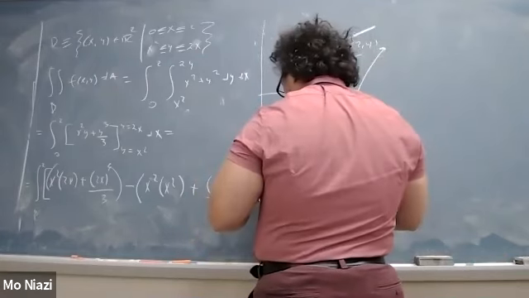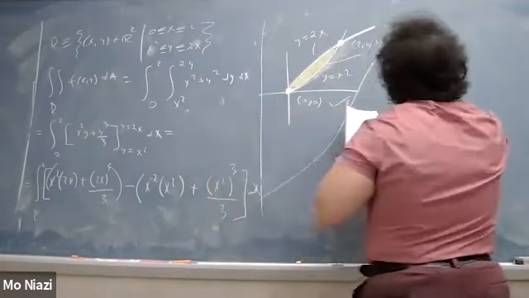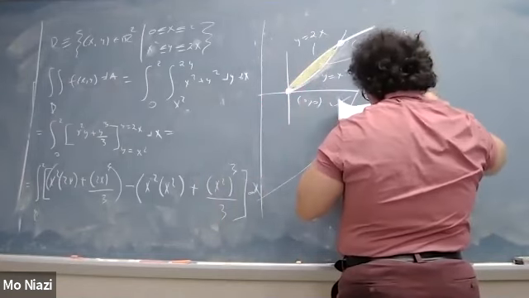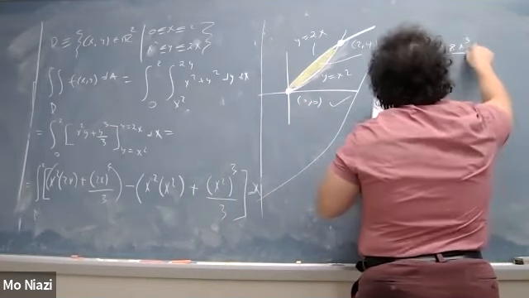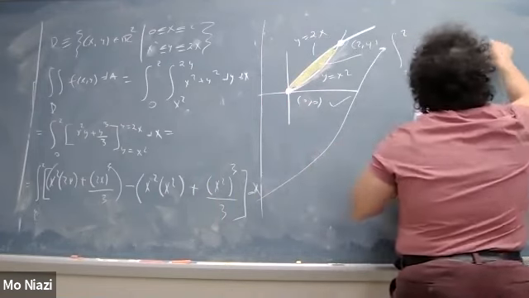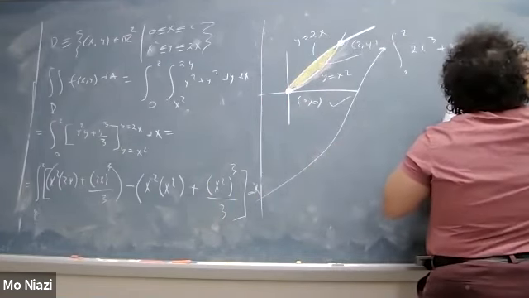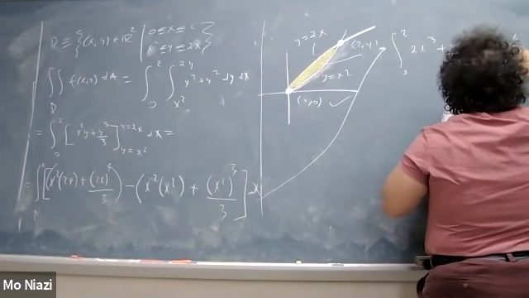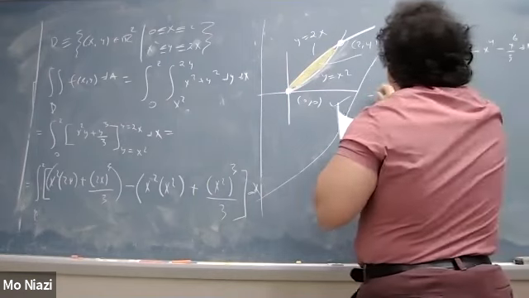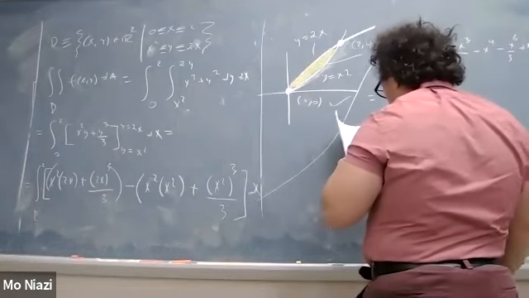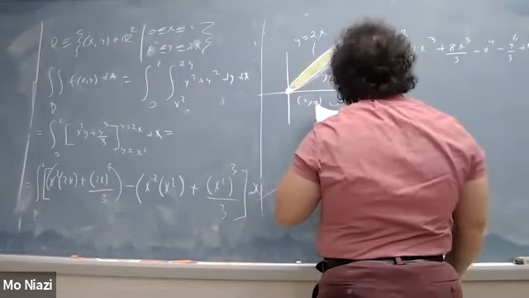Moving the calculation over here, that results to the integral from 0 to 2 of 2x cubed plus 8x cubed over 3 minus x to the 4th minus x to the 6 over 3 dx, okay? And then you integrate again, all right?